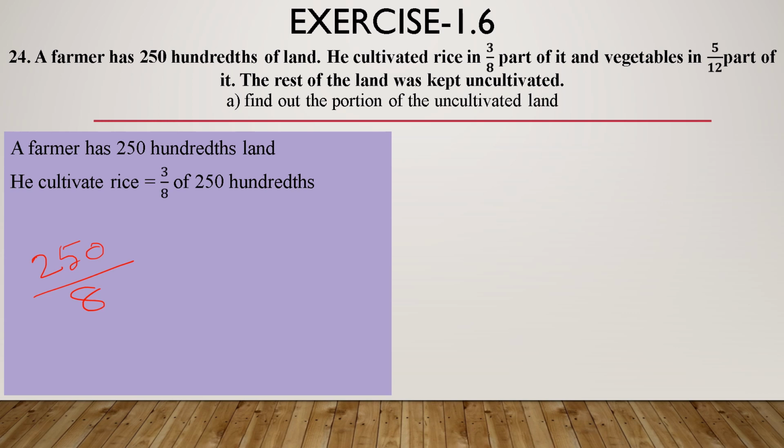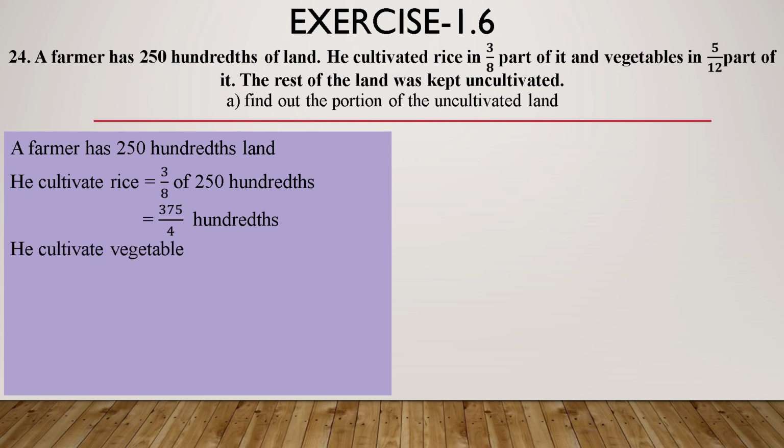If we reduce by 2, it will be 4, and it will be 125. So you can see 125 divided by 4. After that we get 375, because 125 multiplied by 3 is 375, divided by 4 hundredths. So this is the rice cultivation.